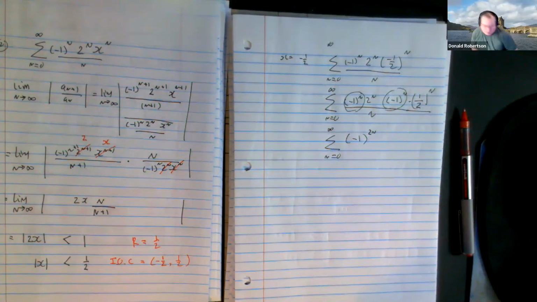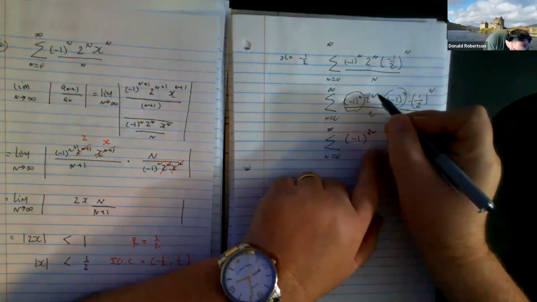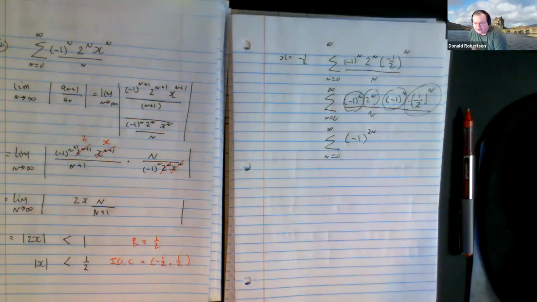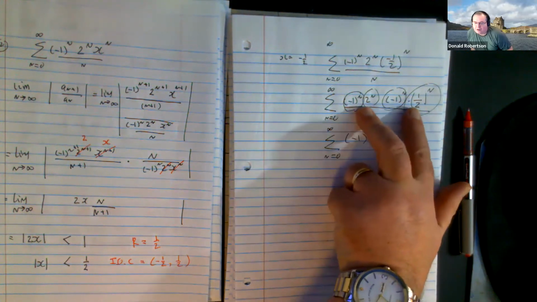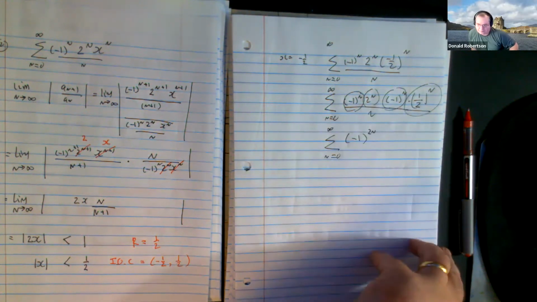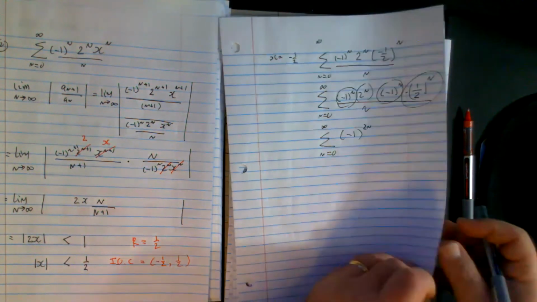Agreed? Now, what would you get if you took 2 to the n and multiplied it by 1/2 to the n? And if that jumps too much, I'll show you an in-between step that might help. But 2 to the n multiplied by 1/2 to the n. Okay, 1 to the 2n.